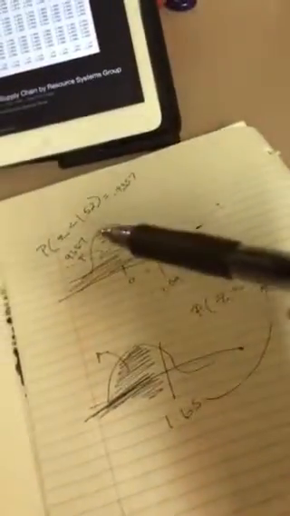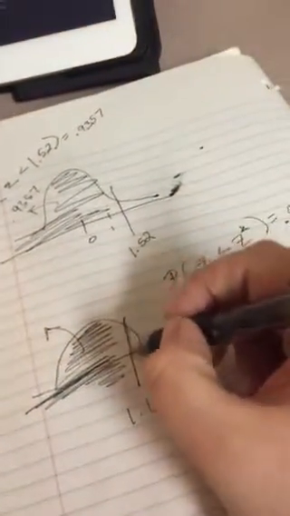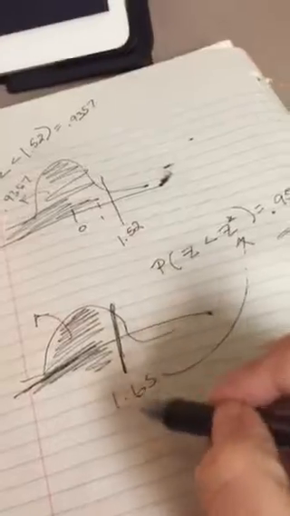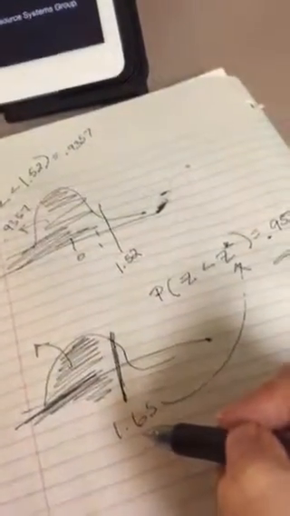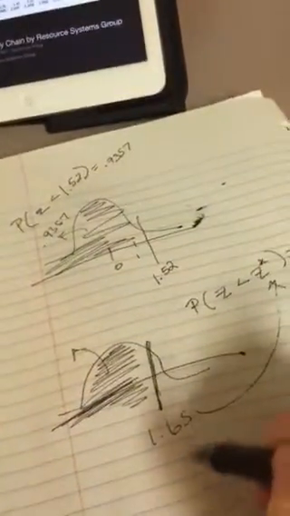Instead of trying to find the shaded area, they tell you what the shaded area is, and then you find it in the body of the table, and find the associated z-score. That's what this line is, the number you normally would have started with, like we did today.